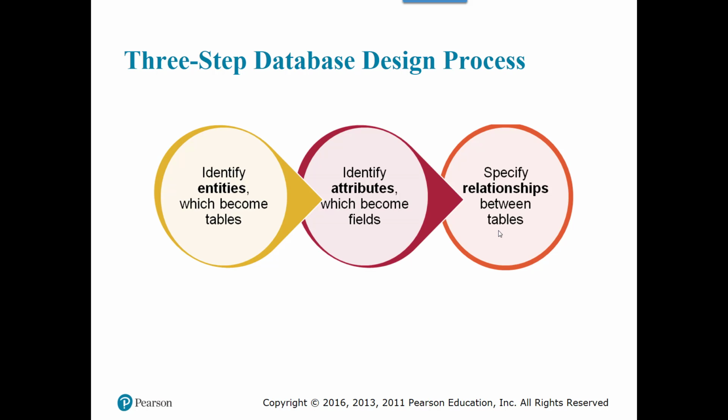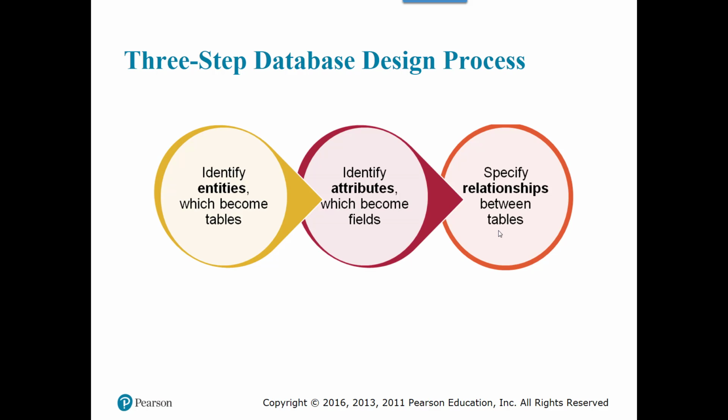If we think about inventory and sales, an inventory would have each piece of product that we have in stock, right? Some of the attributes might be part number, part name, quantity on hand, unit price.